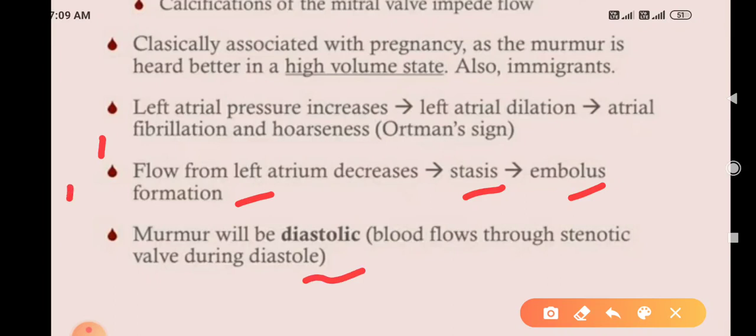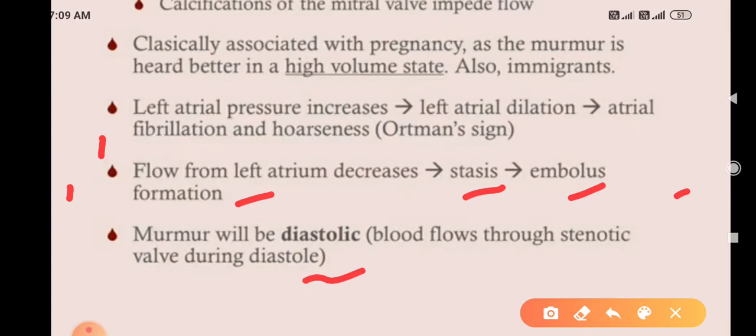What is the work of the valve during diastole? When the heart relaxes, the mitral and tricuspid valves are open, and during contraction, the aortic and pulmonary valves open. Here, due to stenosis, the valves are calcified, so they are not able to open properly.